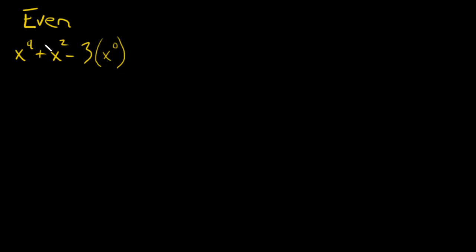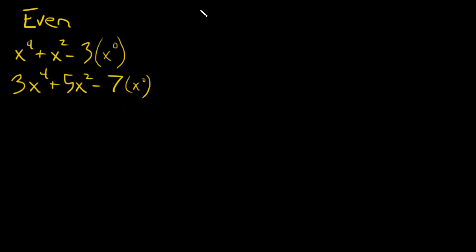So all the exponents are even. It's an even function, and it doesn't matter if I have an odd coefficient in front of it: 3x to the 4th plus 5x squared minus 7. That is still an even function because every one of the variables has an even exponent: 4, 2, and 0.